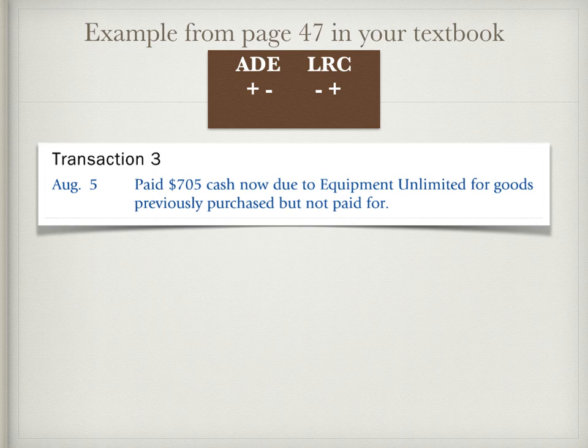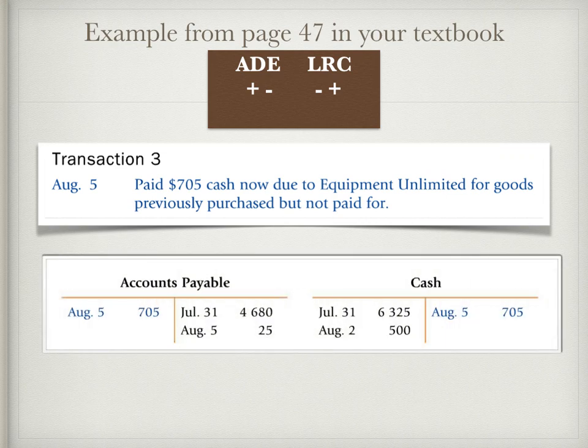So, what are the accounts involved? Well, we've paid cash, so we know our cash account is involved. What did we pay for? We paid Equipment Unlimited for goods previously purchased. So Equipment Unlimited is a liability. It's an accounts payable liability. So the accounts payable will be our other account involved.